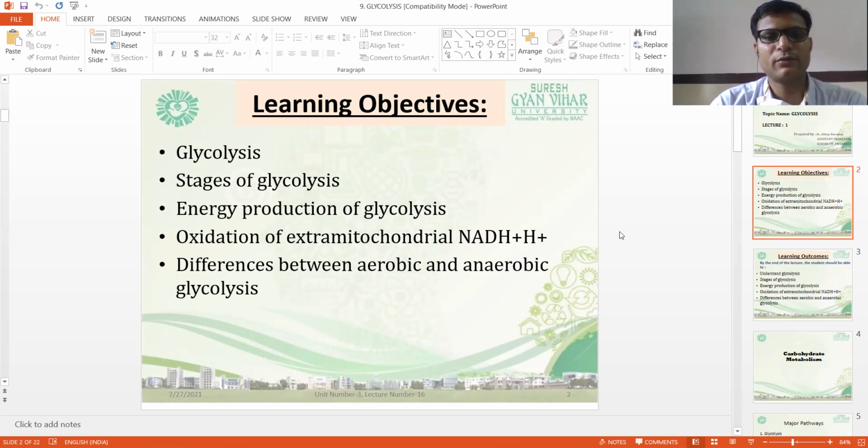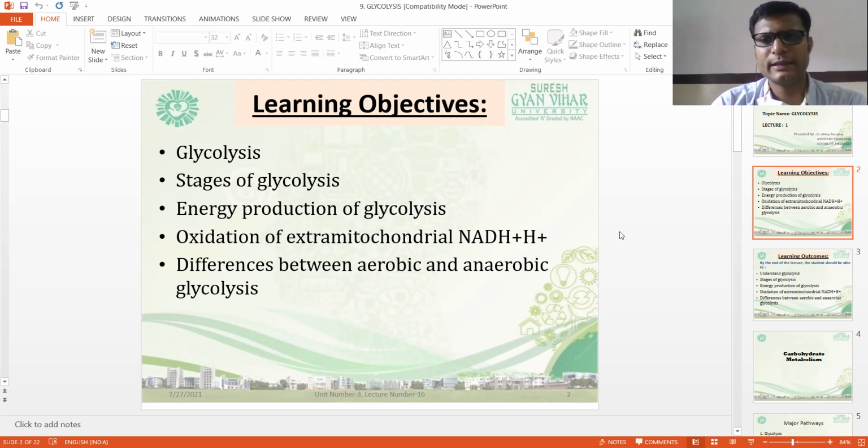Then the oxidation of extra mitochondrial NAD plus and H plus ion will be seen, and the difference between anaerobic and aerobic glycolysis. There are some cells inside the human body where glycolysis occurs in the presence of oxygen as well as in the absence of oxygen.